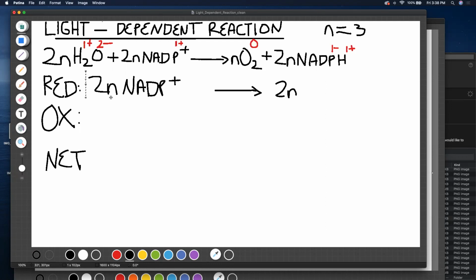So this would actually be 6, since we're using n of 3 in this scenario. So 6 NADP plus and 6 NADPH.